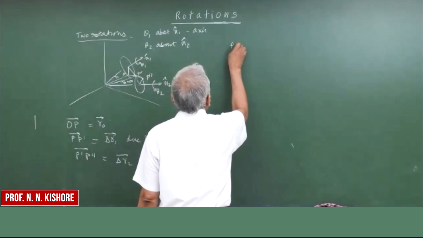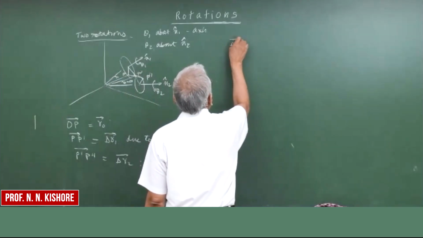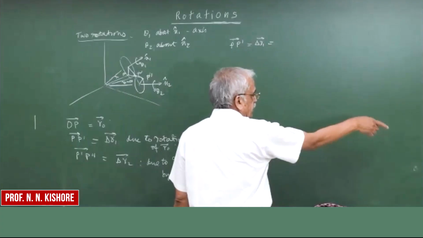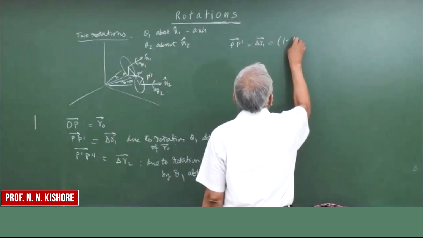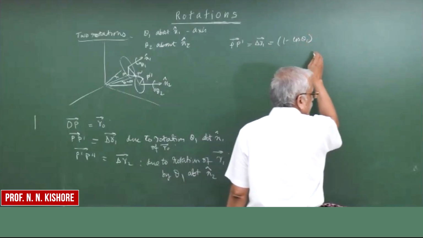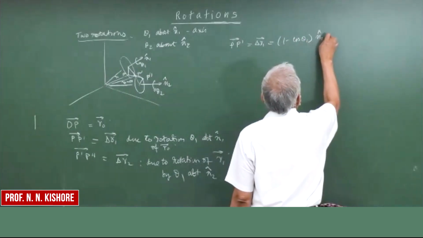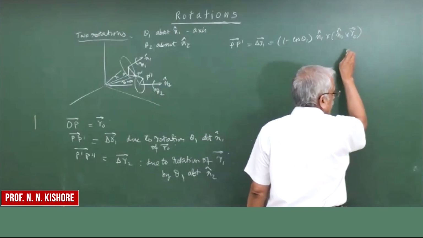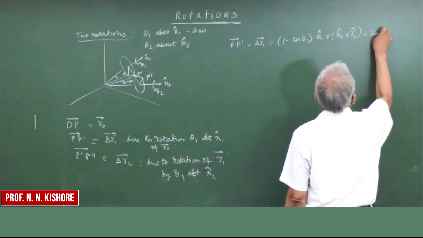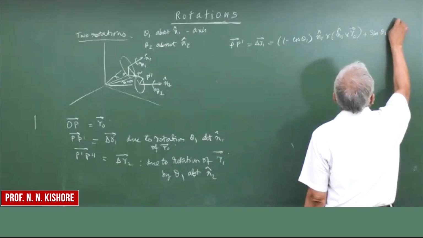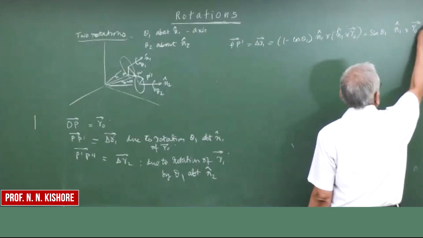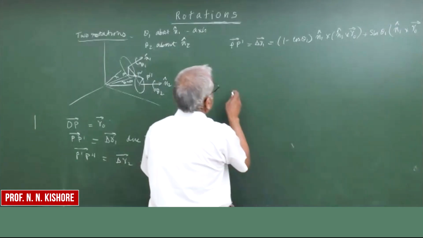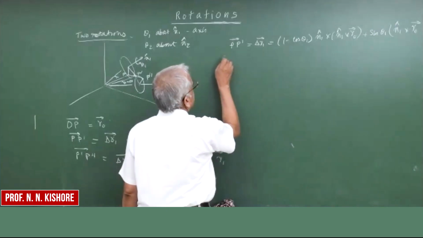So this P to P prime, which we call delta R1, is nothing but whatever we have done there: 1 minus cos theta 1 times N1 cross N1 cross R0, plus sin theta 1 N1 cross R0.